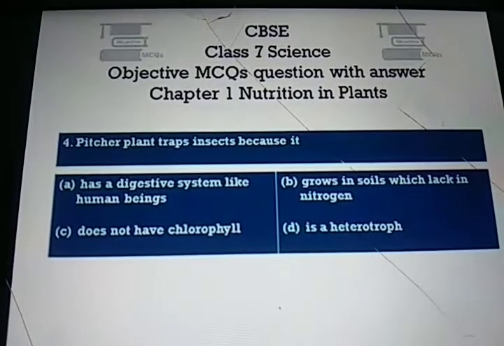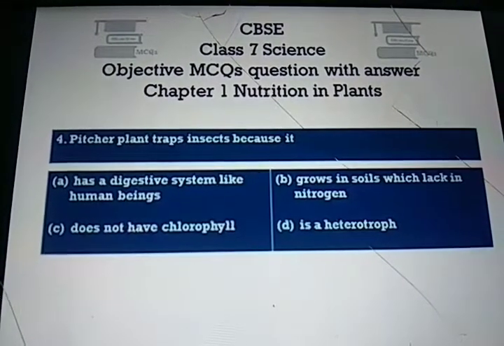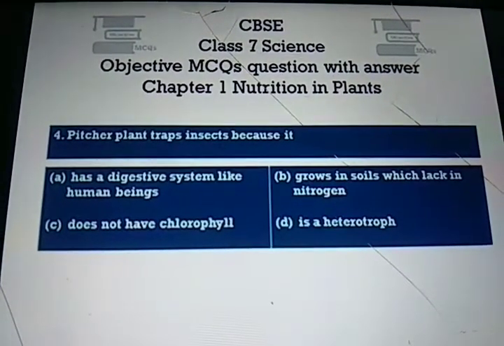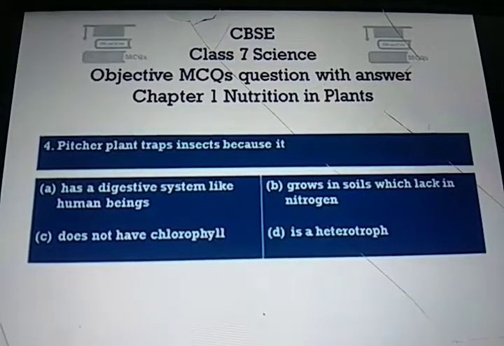Question number 4. Pitcher plant traps insects because it, option A, has a digestive system like human beings. Option B, grows in soils which lack nitrogen. Option C, does not have chlorophyll.